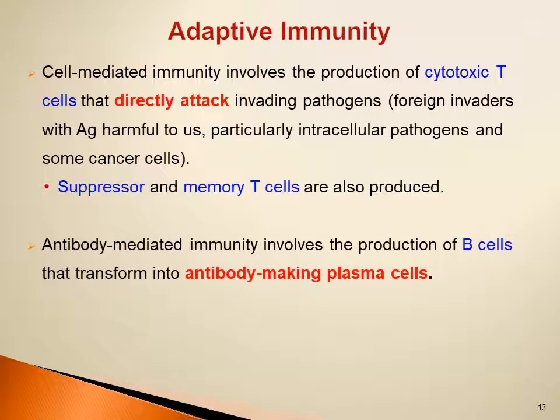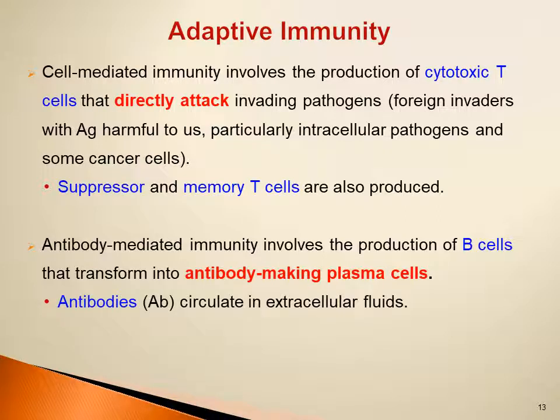The other arm of adaptive immunity is the antibody-mediated immunity that involves the production of B cells that transform into antibody-making plasma cells. So once activated, B cells will transform into plasma cells, and the plasma cells will produce and release different types of antibodies.